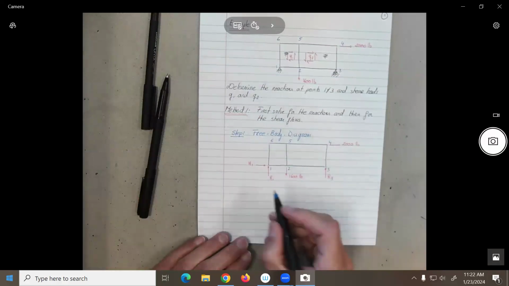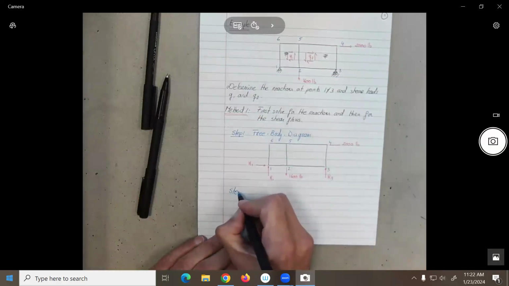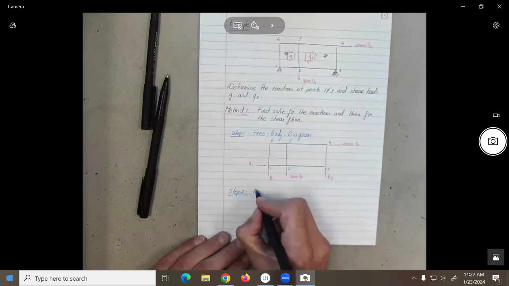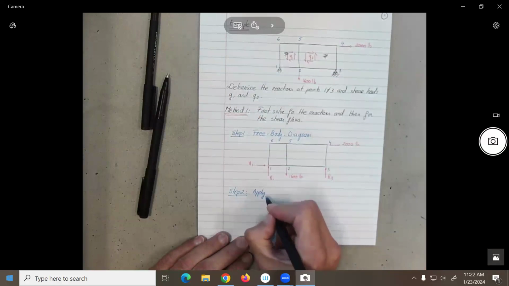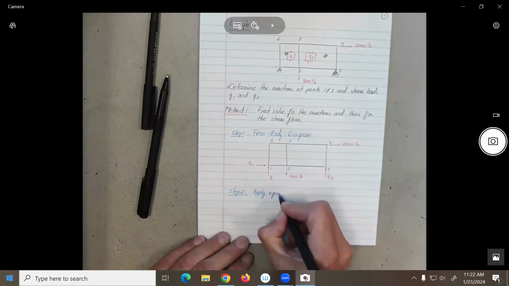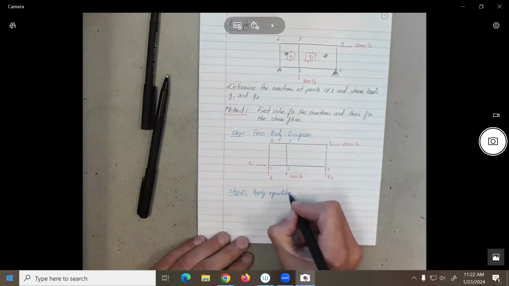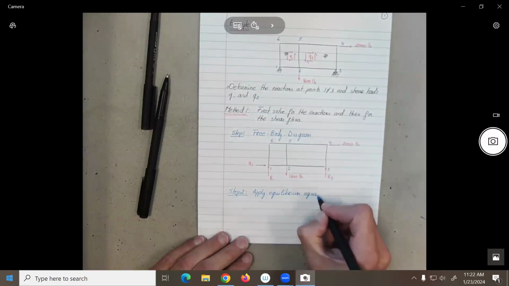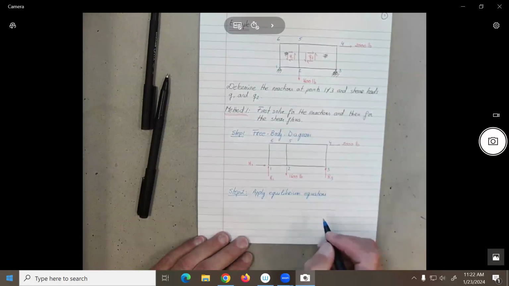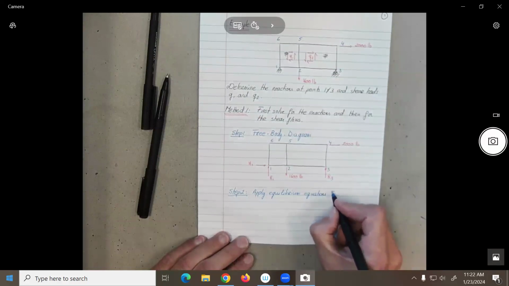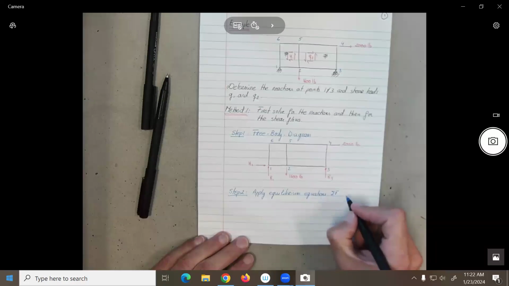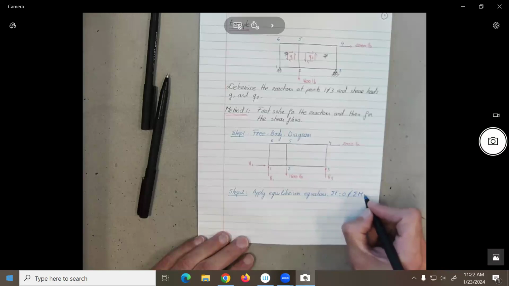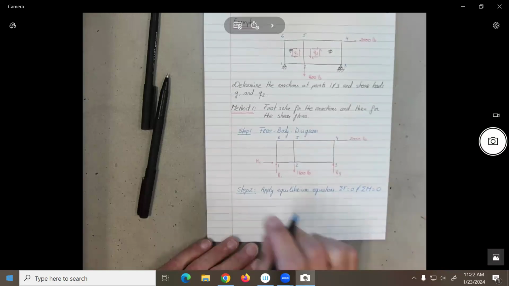So this is statics. Step 2, apply the equilibrium equations. What are the equilibrium equations? Summation of forces in x equal to 0, summation of forces in y equal to 0, and summation of moments equal to 0.